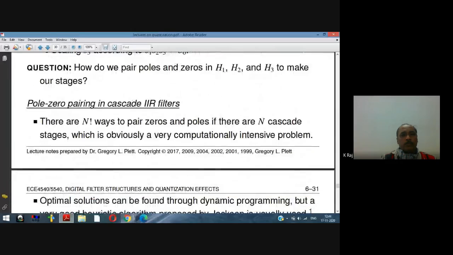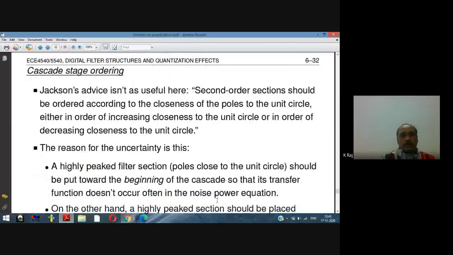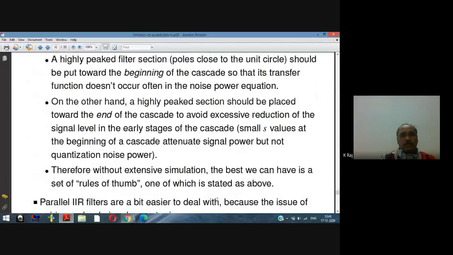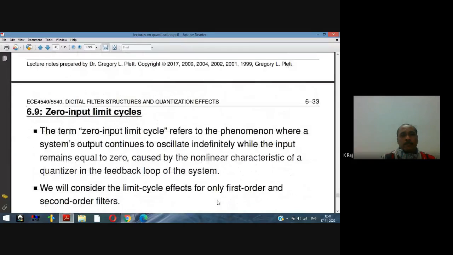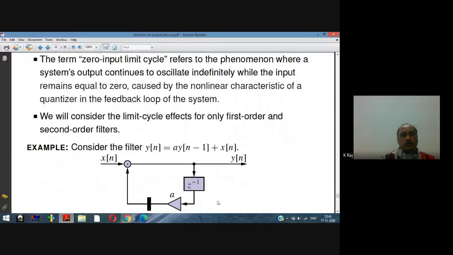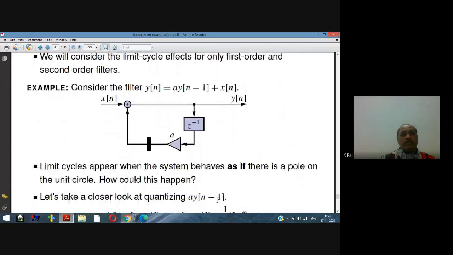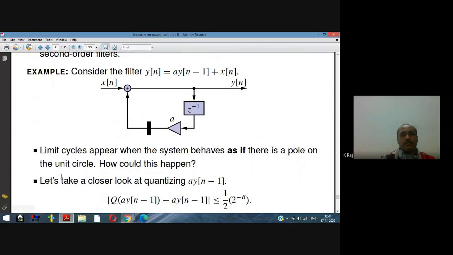Here we are coming to the last effect, that is the limit cycle oscillation. If the input is 0 and even then we are getting an output, that is the limit cycle oscillation. For example, consider a first order system, y(n) = a y(n-1) + x(n), represented with the help of the block diagram in this form.